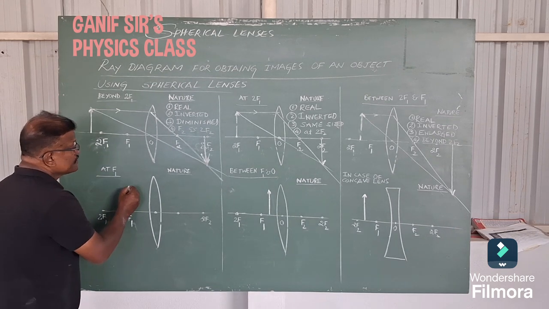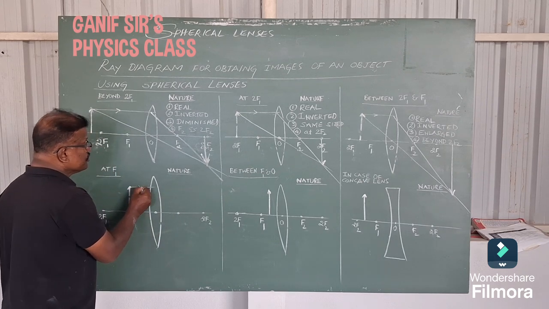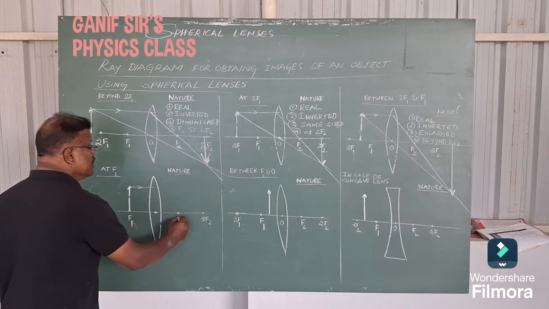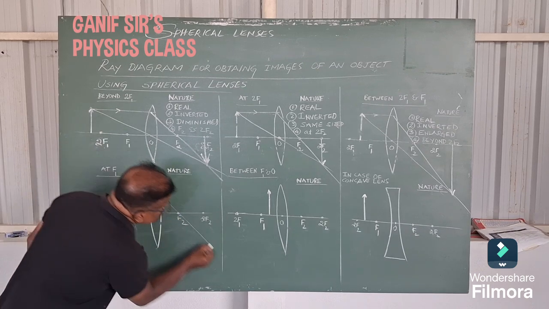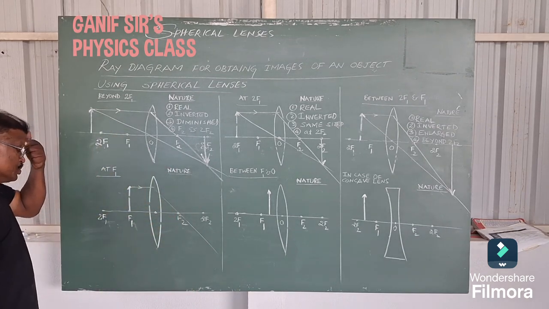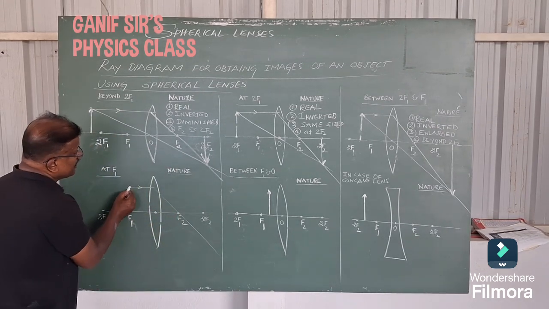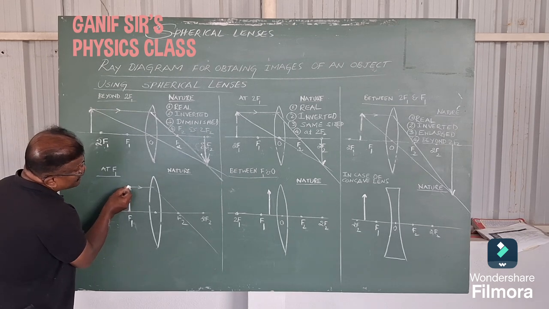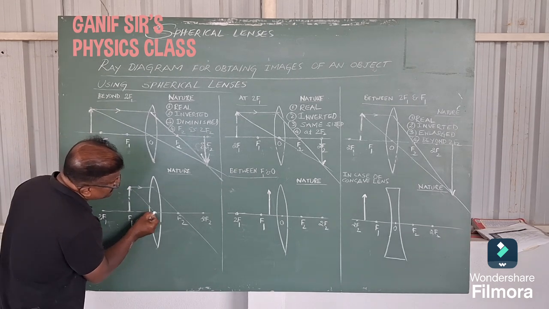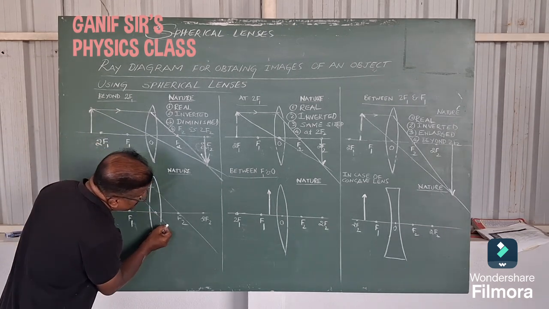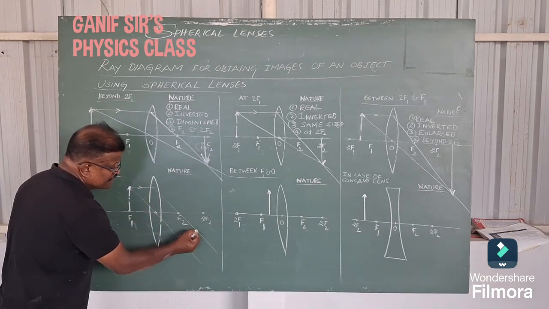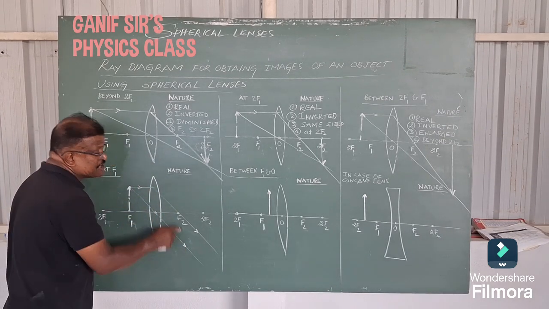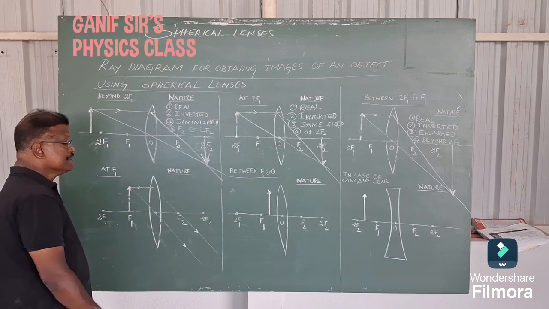Now I place the object exactly at F. Let's see what happens. I am following the same two rules, first rule and third rule. This ray moves through F, and another ray is passing through the optic center. Now it seems as if these two refracted rays move parallel.